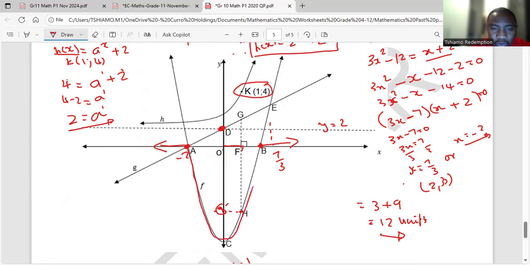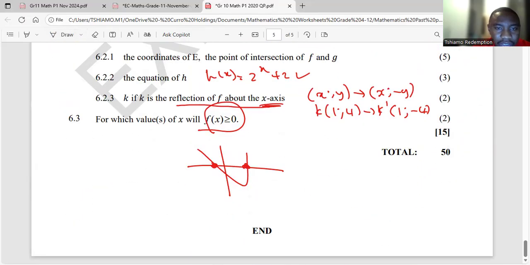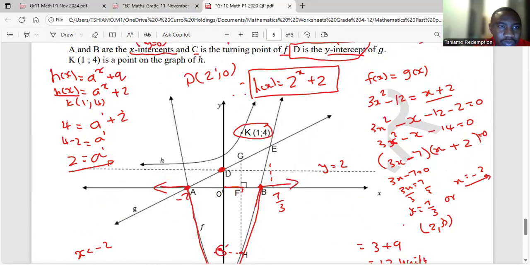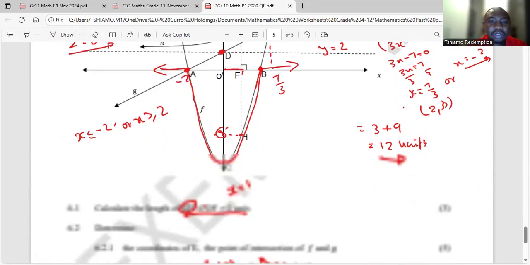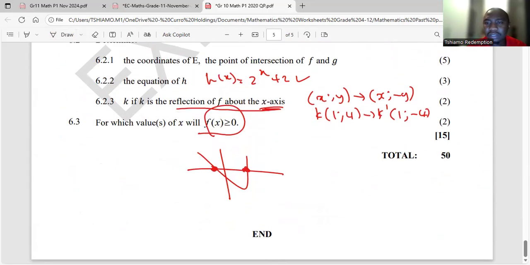Can you see? It's below 0. Is it included? Let me check. Yes, it's included. So it's above 0 starting from there or from anywhere above there. So on the two sides going outward, not in between the two lines. And that is it.